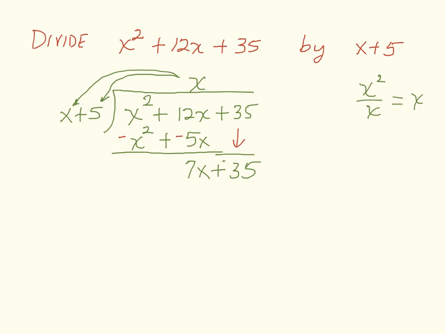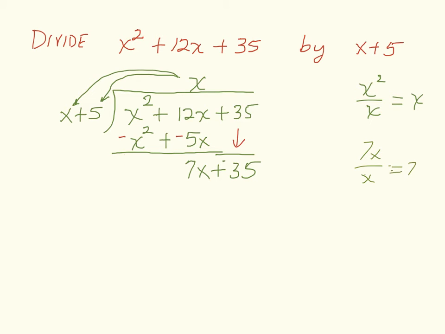x over here, x goes into this 7x right here. How many times? So in other words, we're dividing 7x by x. 7x divided by x is what? 7.